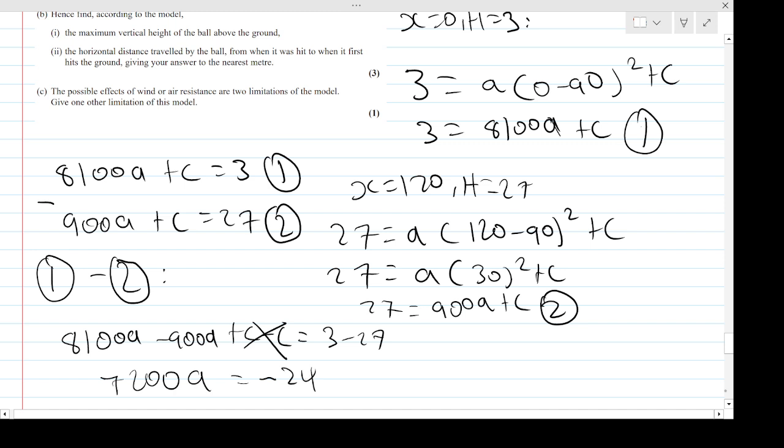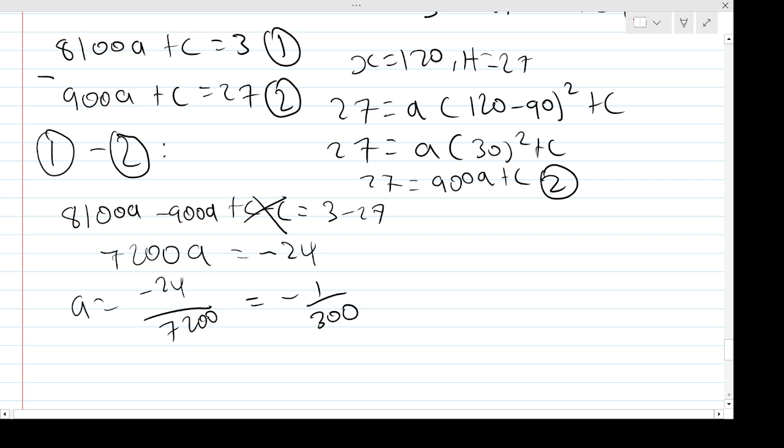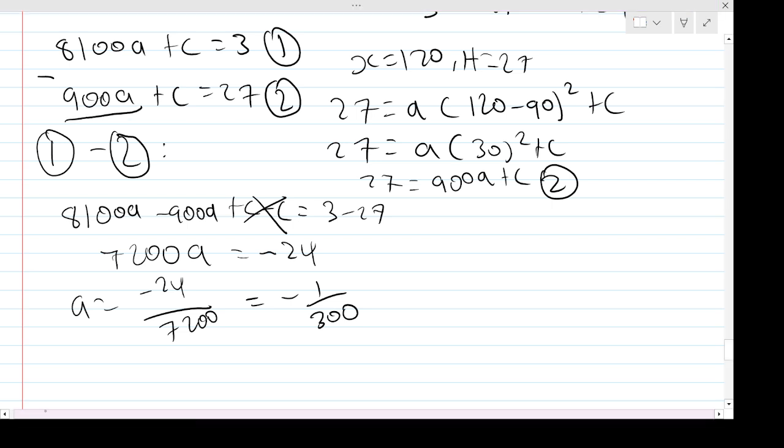Okay, well that is a very nice equation. I can solve for a now, because a is going to be take away 24 over 7,200. And what does that get me? Minus 1 over 300. Okay, so that's a. Therefore, I can then find c by substituting a into either equation. Let's substitute it into the second one, because we've got smaller numbers.